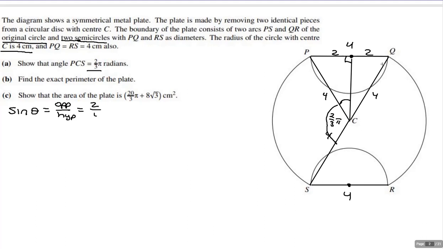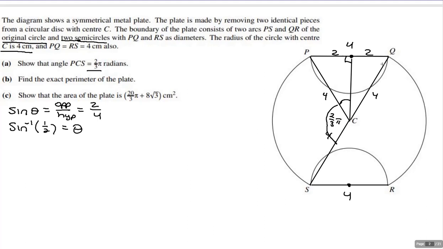2/4. And then what do I do to figure out that angle then? I'm going to do the inverse, right? Yeah. When I do the inverse, where does this angle sign go? On the other side. And then what goes on the inside? Sine inverse of 2/4. Or we can just do what's 2/4 reduced to? 1/2. Exactly. So if I do that, now I know the angle.